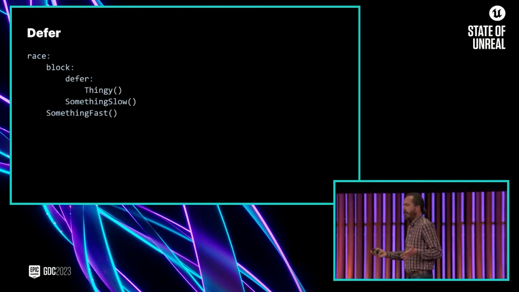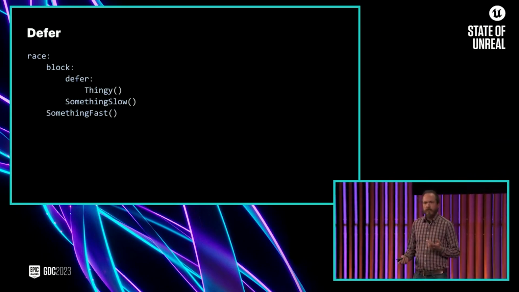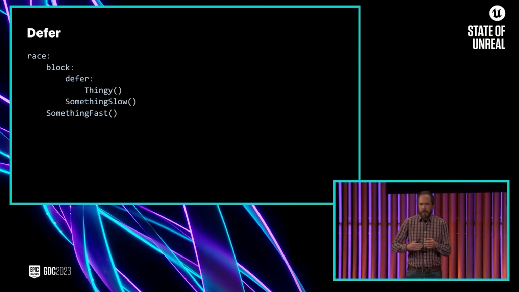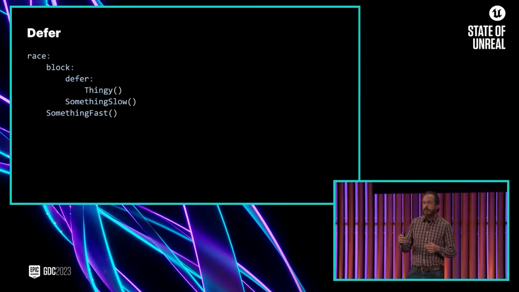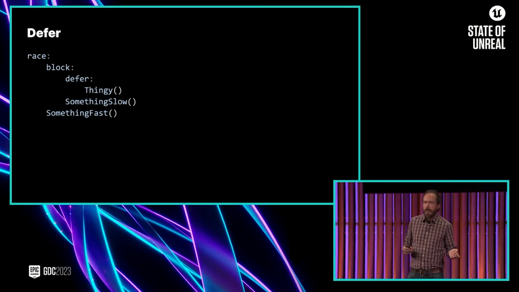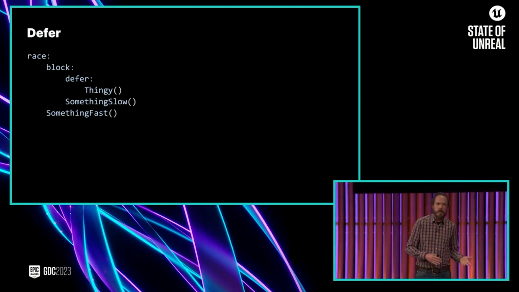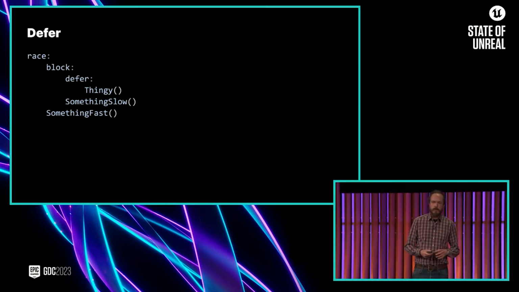But this is where the construct actually becomes useful, and that's if you use it with race. So as I said before, race will run the various coroutines. In this case, there's 2 coroutines. One coroutine is the one created by the block construct, which defers thingy and then does something slow. And the other coroutine is the something fast coroutine.